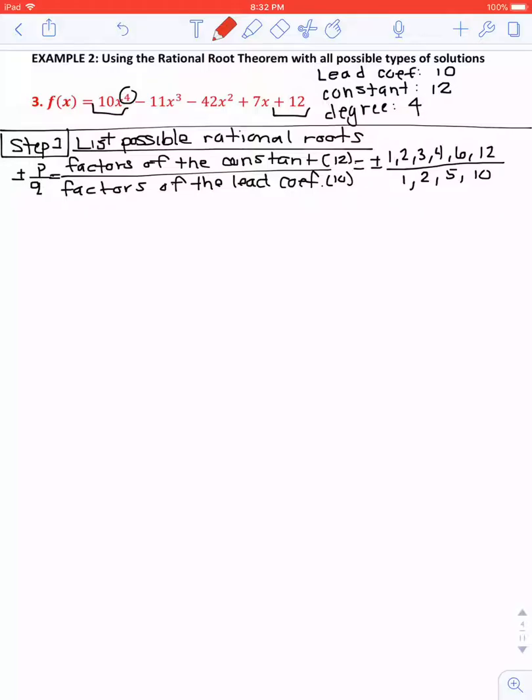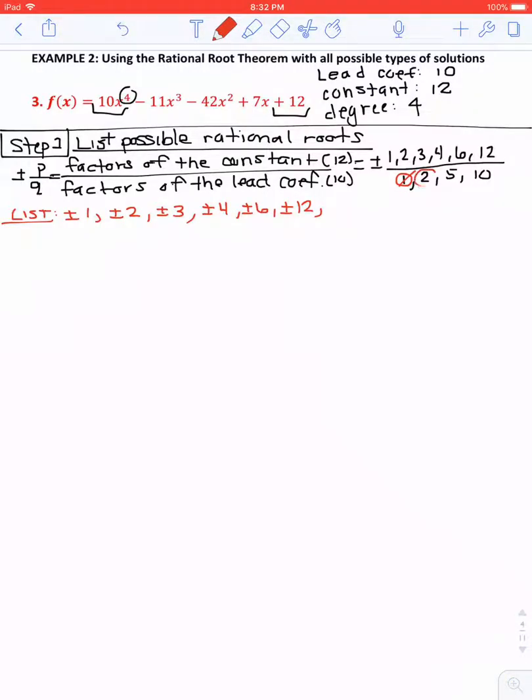All right, so we're going to start that list. So that list is, we're going to start with the denominator of 1. So plus or minus 1, 2, 3, 4, 6, and 12.